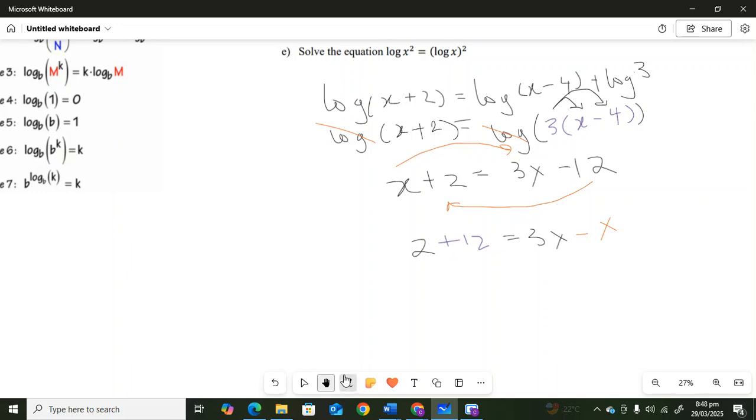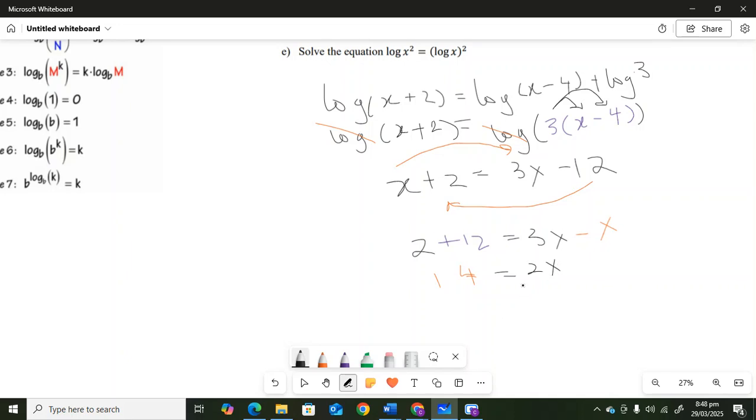Two plus 12, 14. 3x minus x, that gives us 2x.